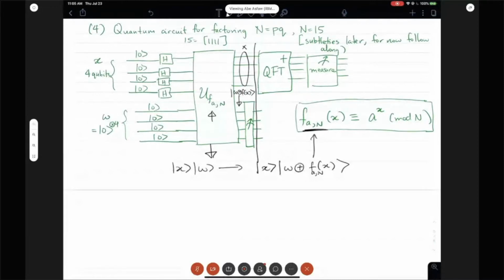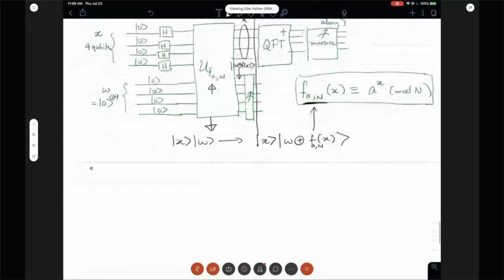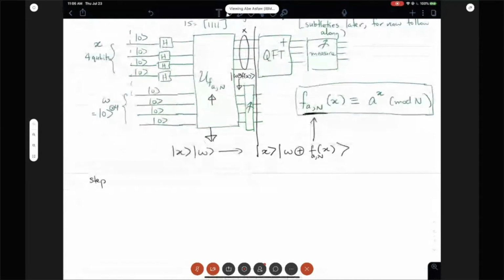So let's see how the circuit works. Let's actually write down step 0 here and be explicit. Step 0 is here. Step 1 is immediately after the application of the Hadamard gates on the top 4 qubits. Step 2 is just before the measurement, so immediately after the output of the box.